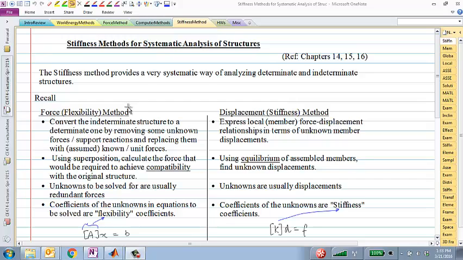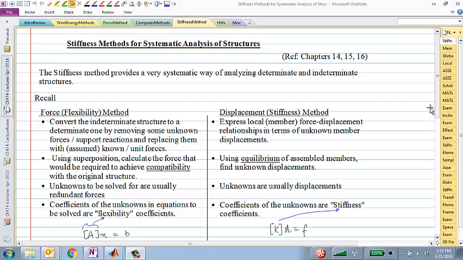One is the force method, where for an indeterminate structure, we find an underlying determinate structure, then we find the flexibility of the redundant degrees of freedom, and then use compatibility to solve for those redundant degrees of freedom.